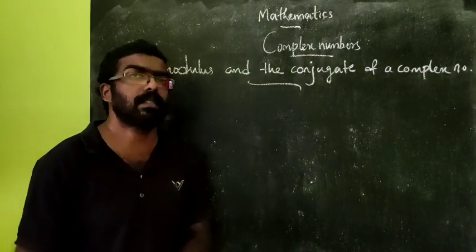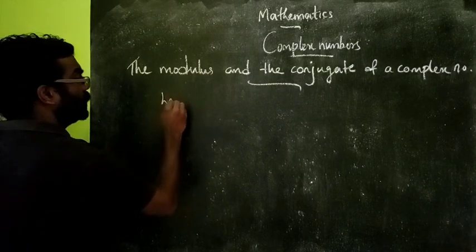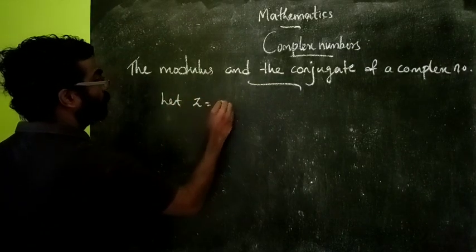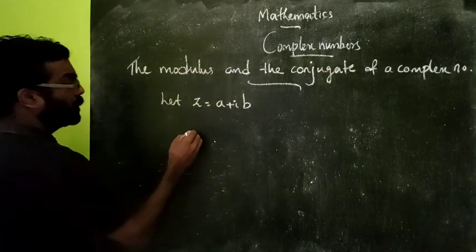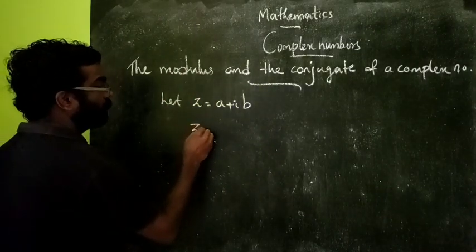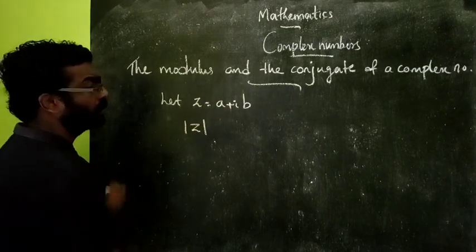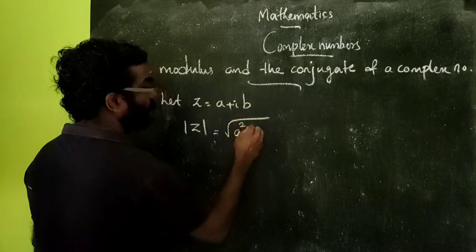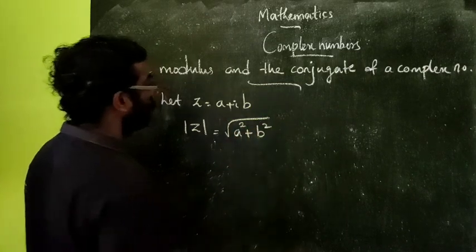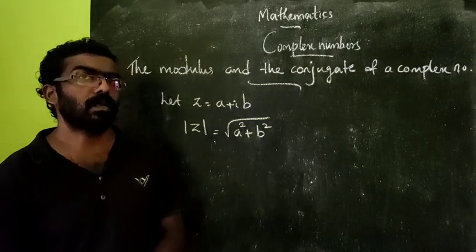At the same time, it's a very simple topic. Okay. Let us consider one complex number z is equal to a plus ib. Then the modulus of z is denoted by the symbol mod z. We read it as modulus of z or mod z. Okay. Which is equal to, the formula is root of a square plus b square. Mod z is equal to root of a square plus b square.